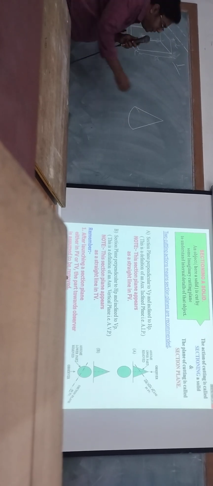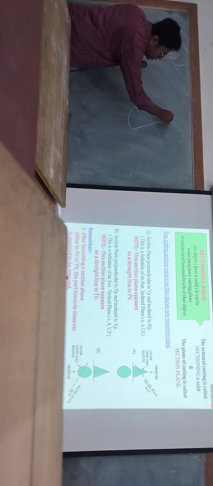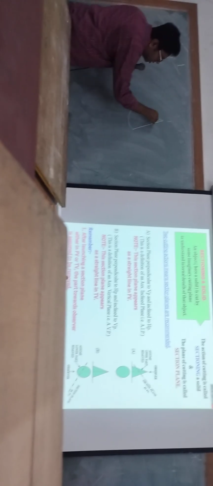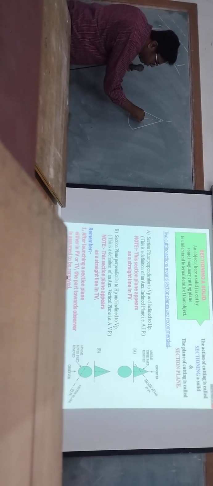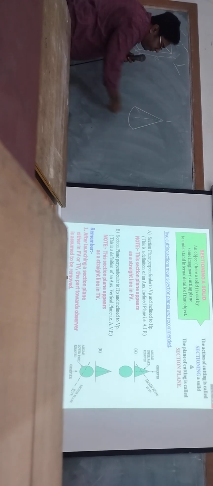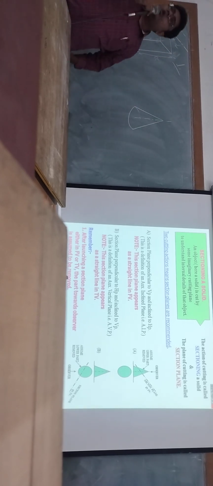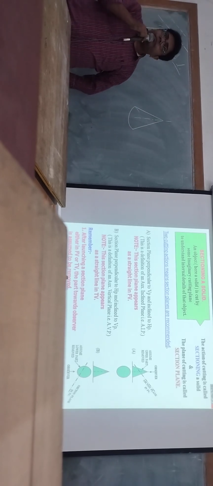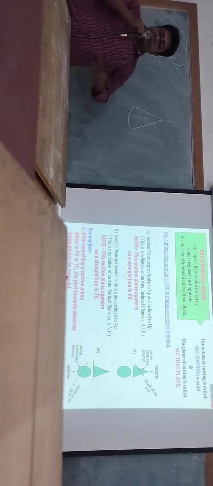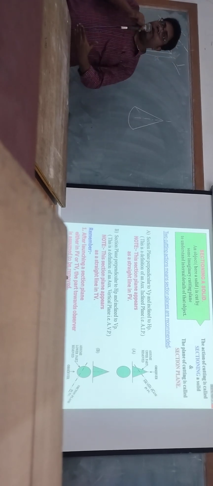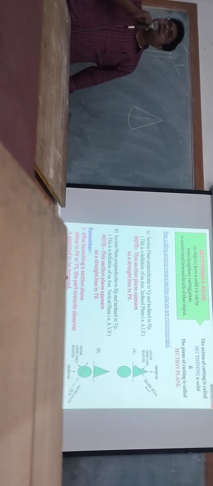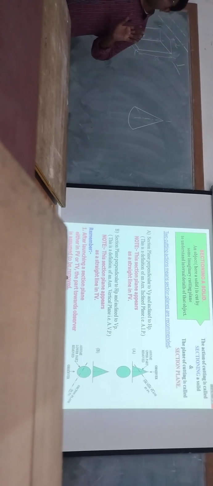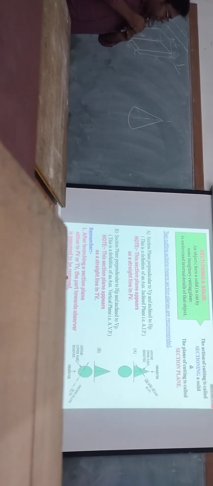Now, if we cut the object through its axis, from the middle, what type of shape can you see? Triangle. If I cut the object from the middle, you can see the triangle.